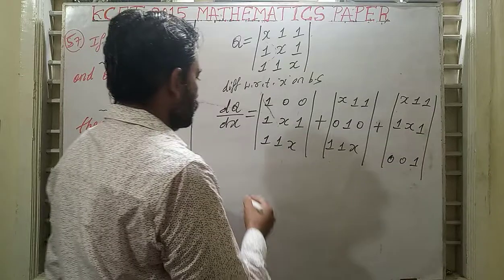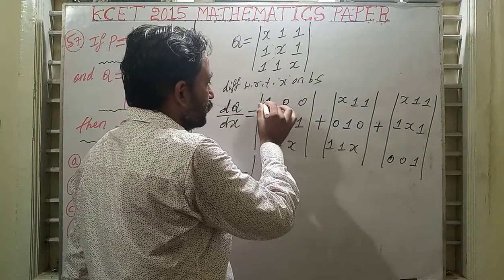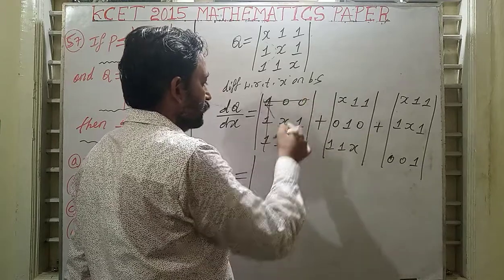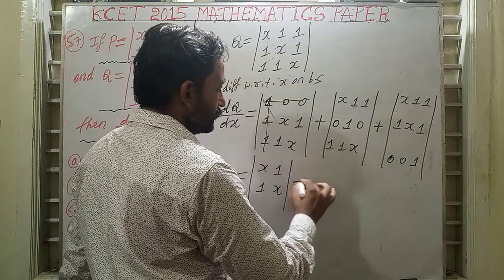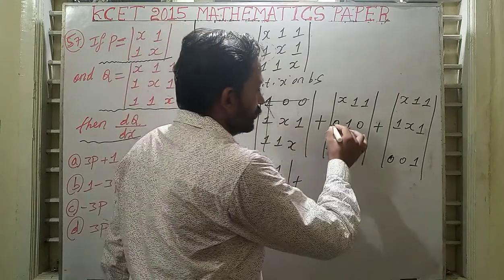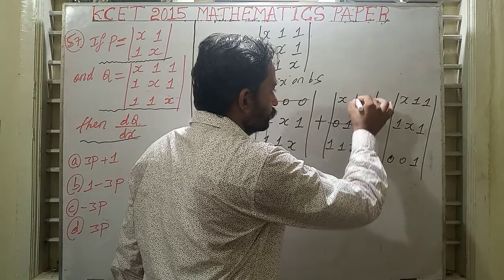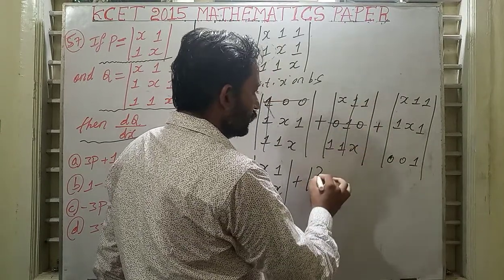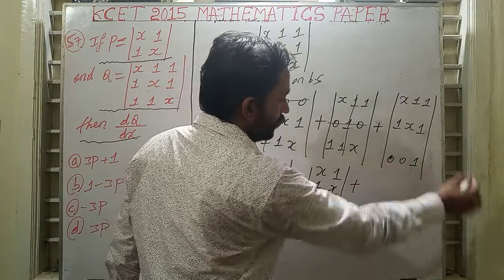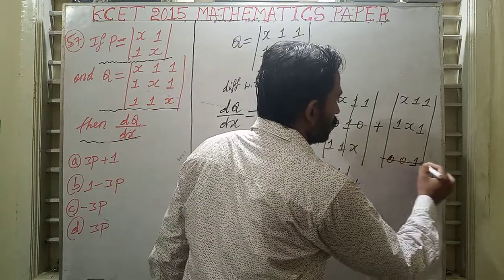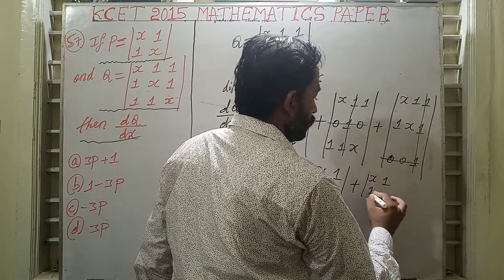Now the expansions. Delete the first row and first column, the remaining 2 cross 2 determinant is x 1, 1 x. In the second term, delete the second row and second column, and we get the determinant x 1, 1 x. In the expansion along the third row, delete the third row and third column, the remaining determinant is x 1, 1 x.